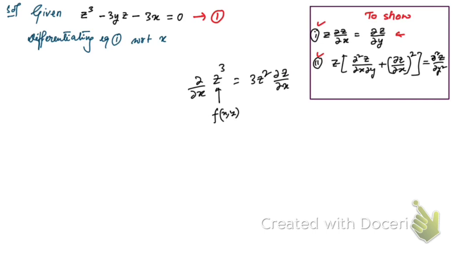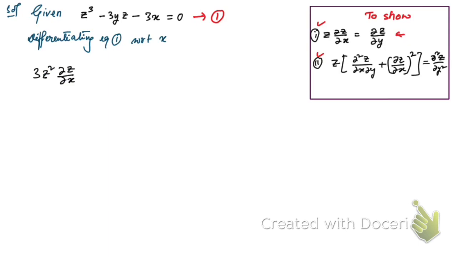So 3z square del z by del x, then minus. When you differentiate this with respect to x, y should be taken as constant. So 3y, and z is a function of both x and y, so del z by del x, minus, and if you differentiate this with respect to x, that's going to be 3 only, equal to 0.